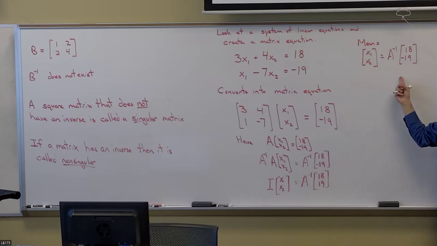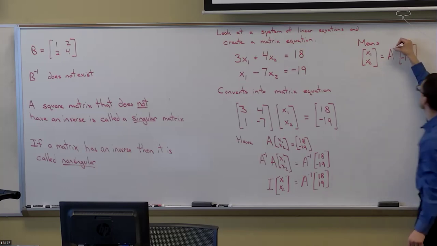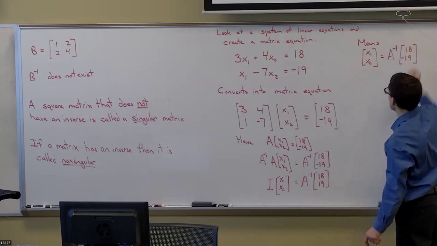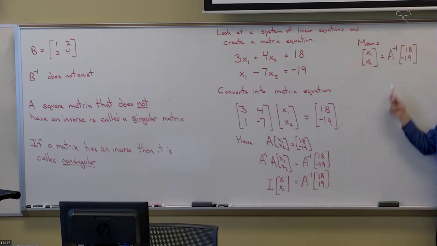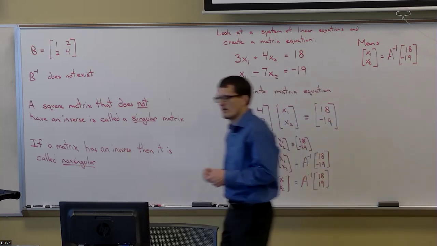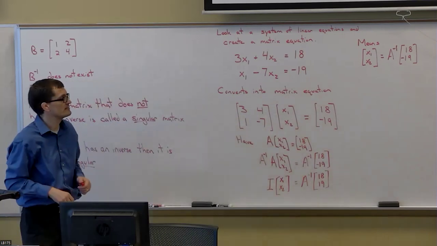Identity times anything is itself, so I get this back. So if I'm willing to use a matrix equation, I can solve a system of linear equations just by using the inverse times this. So let's go ahead and do that in this case.